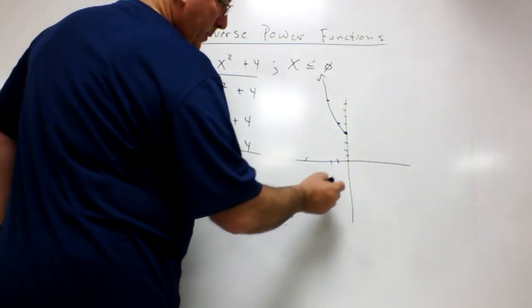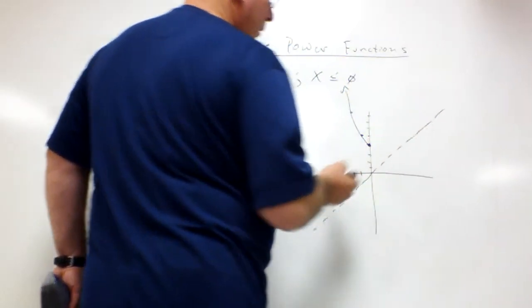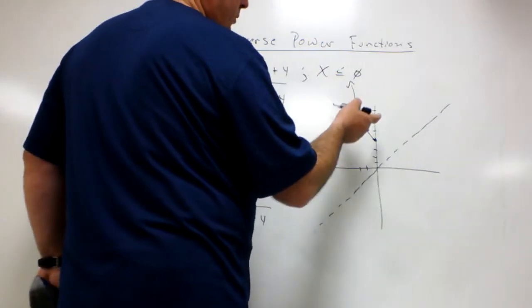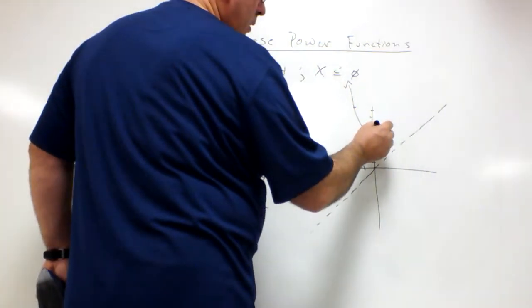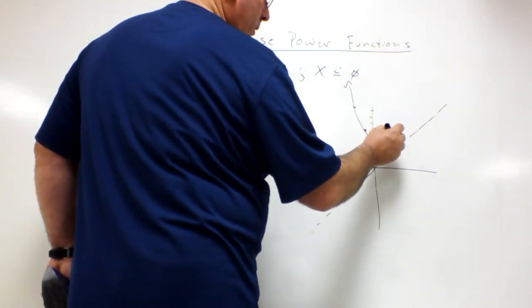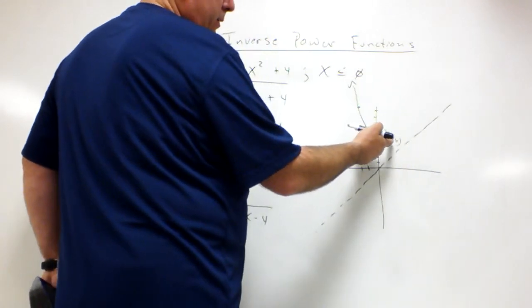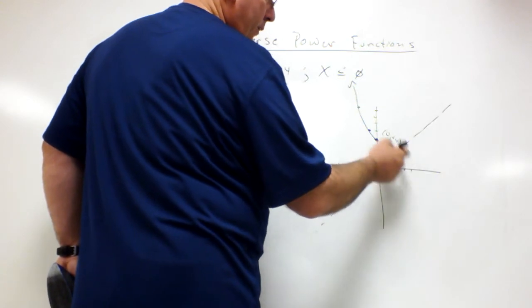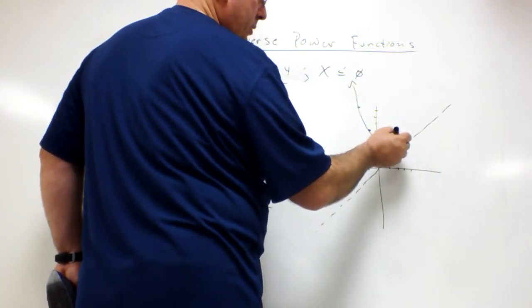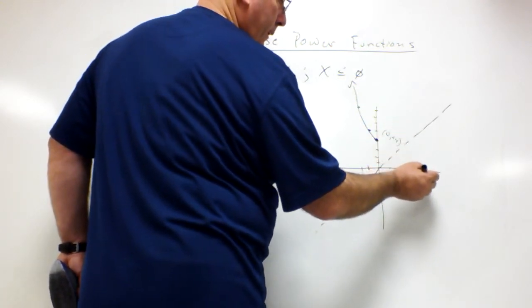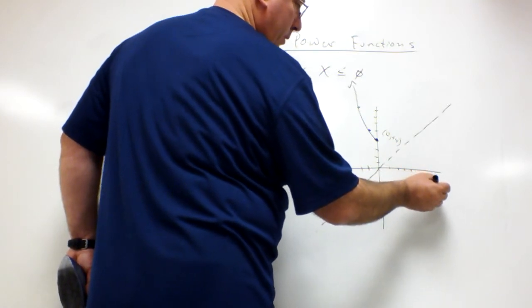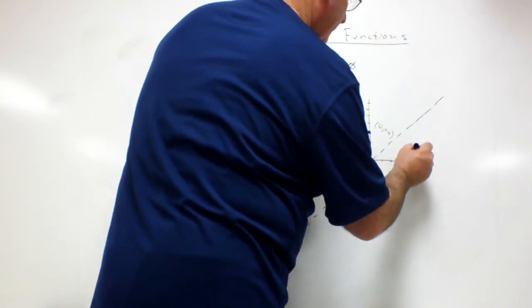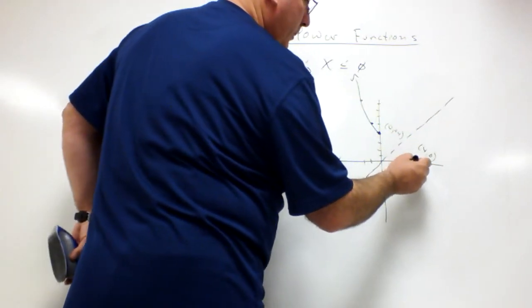Now, because we want to reflect it, the idea behind an inverse function is that the x and y values switch places. So what I was trying to say in the last problem is because this vertex is 0, 4, its inverse's vertex is going to change places. So if this is 0 and this is 4, this is going to be 4 and this is going to be 0. So they're going to switch places, and we're going to place a point.